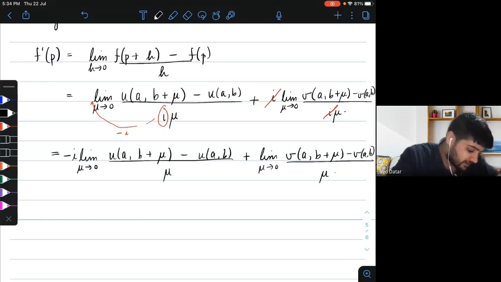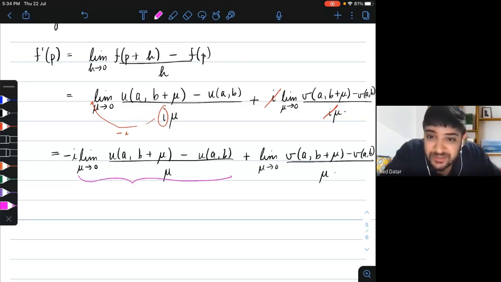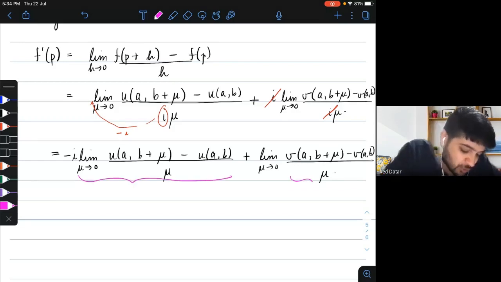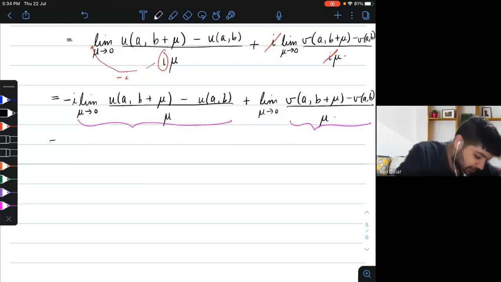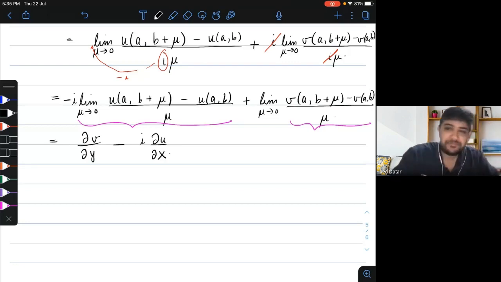So once again, this is basically just going to be the partial of u in the y direction, and this is going to be the partial of v in the y direction. So this is going to be precisely del v by del y minus I times del u by del y.